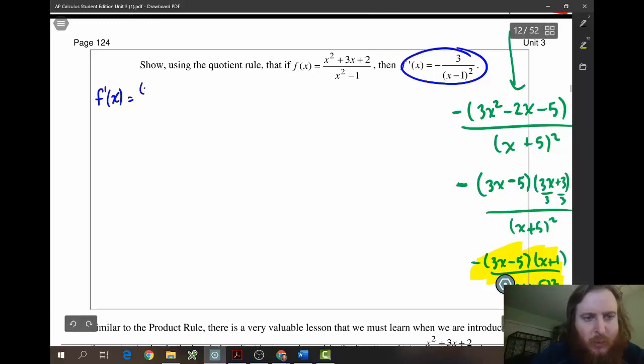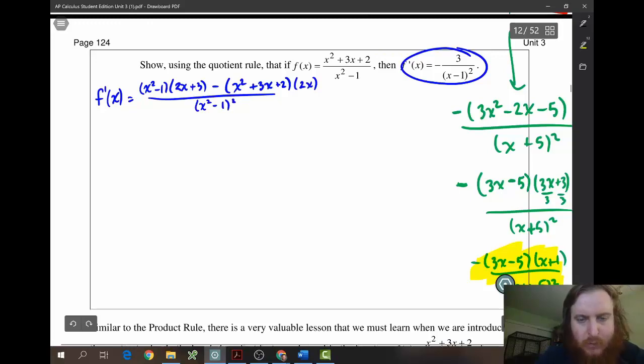So low, x squared minus 1, d high, 2x plus 3 minus high, x squared plus 3x plus 2. D low would be 2x, and divided by x squared minus 1 squared. And so we're going to FOIL out the top. X squared times 2x is 2x cubed.